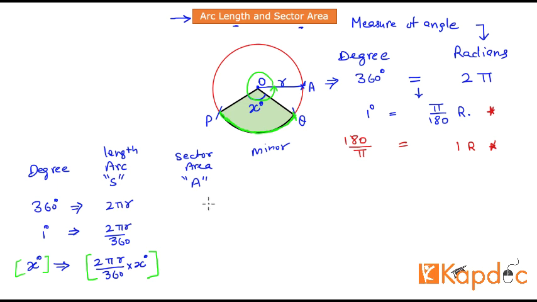Just like that, we will obtain the formula for the sector area. Using the same steps, when you have the full 360 degrees traveled, the circle itself is the entire sector.